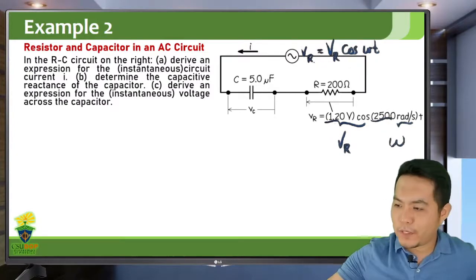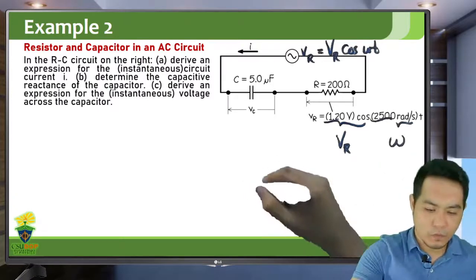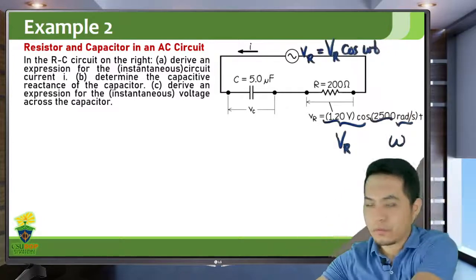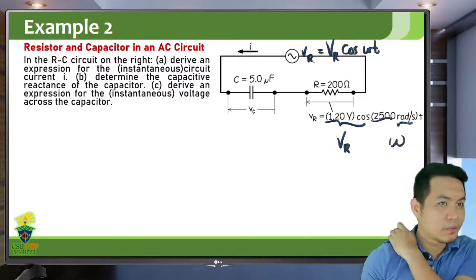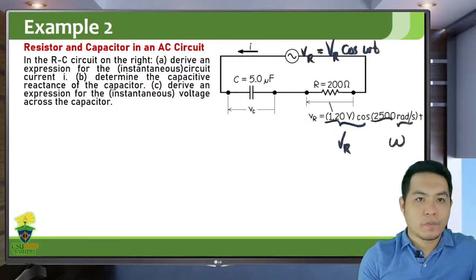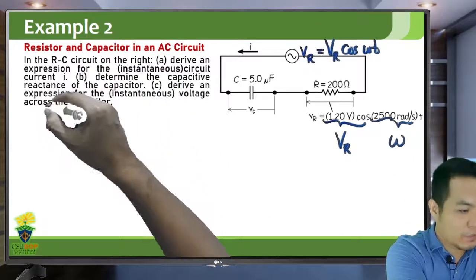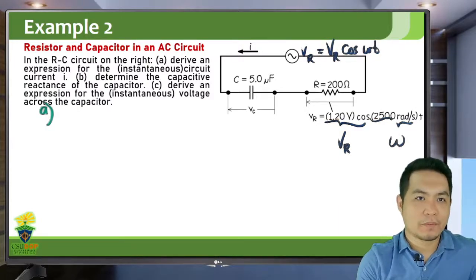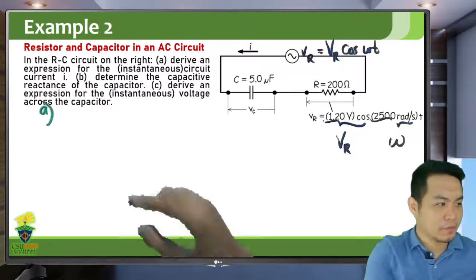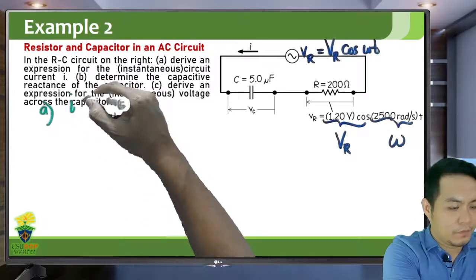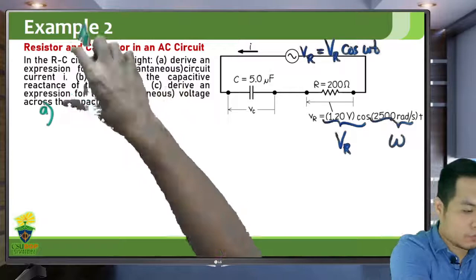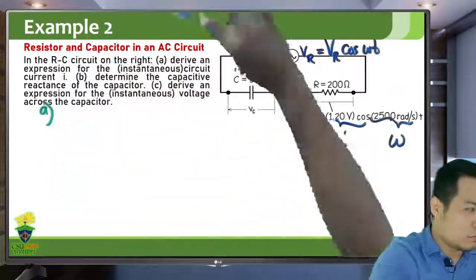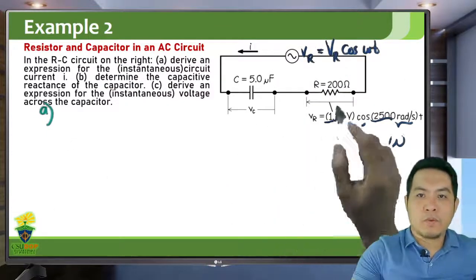Okay, for the first problem, we are asked to find an expression for the alternating current, the instantaneous current I. So we can actually measure first.